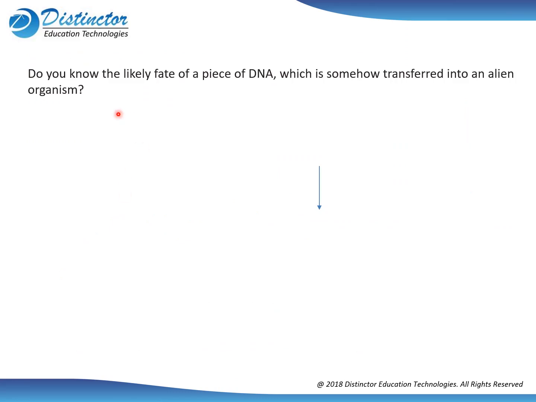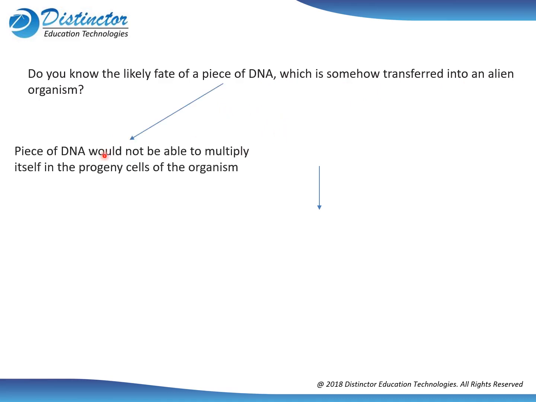Next, a question arises. If we simply change the DNA and introduce it into some organism, what would be the reaction? Do you know the likely fate of a piece of DNA which is somehow transferred into an alien organism? Alien organism means another organism. That piece of DNA would not be able to multiply itself in the progeny cells of the organism, because it remains simply in the cytoplasm.